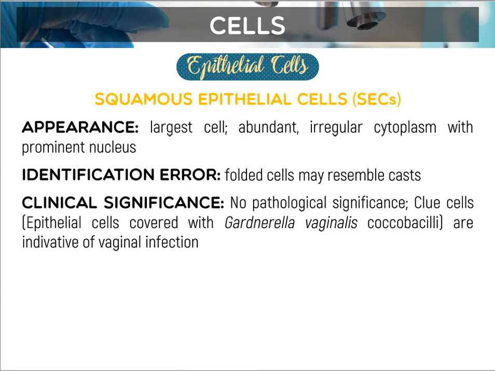Its appearance is the largest cell, with abundant, irregular cytoplasm and a prominent nucleus. As I said earlier, it can be used as your point of reference if you get confused while focusing your microscope. These squamous epithelial cells originate from the linings of the vagina and also the female urethra or the lower portion of the male urethra.